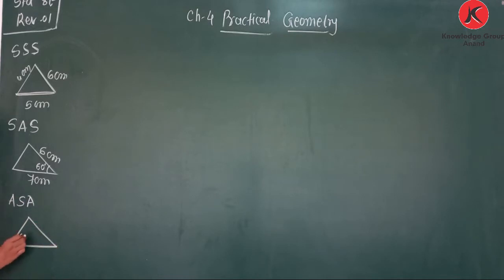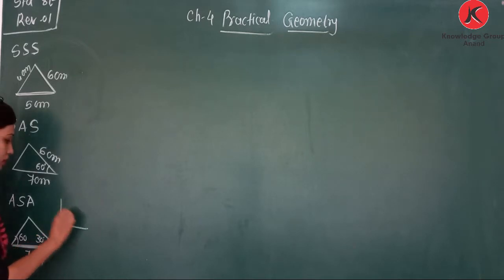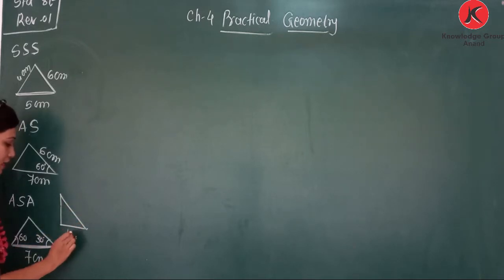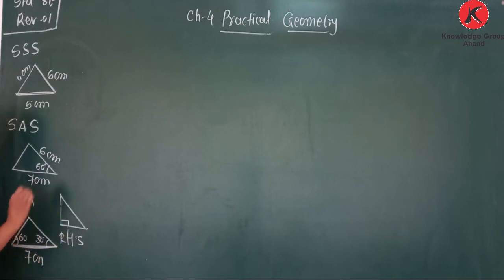For example, this is 60, this is 30, and included side given 7 centimeters. So we can construct this triangle. And then RHS criteria: one right angle is given, one hypotenuse is given, and any of this side is given. So we can construct the triangle, and we need 3 measurements. At least 3 measurements are required.